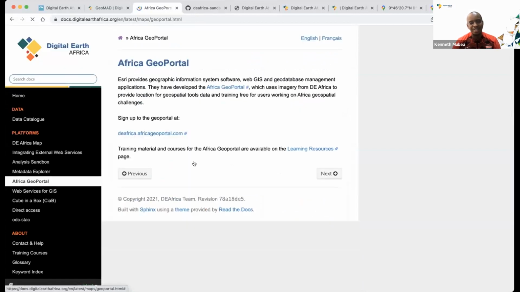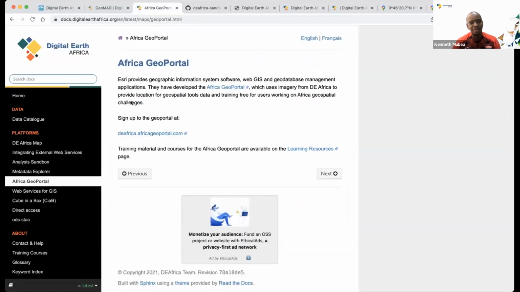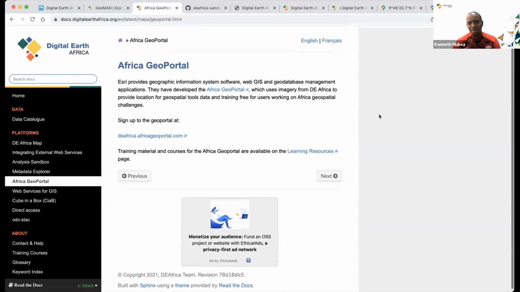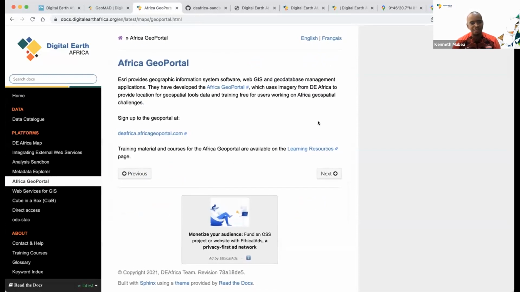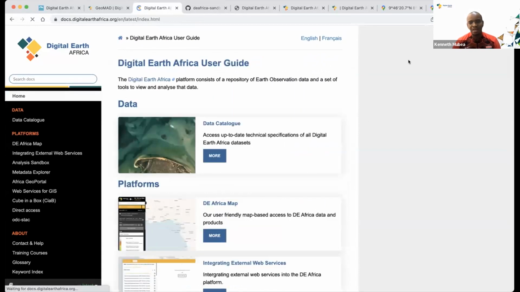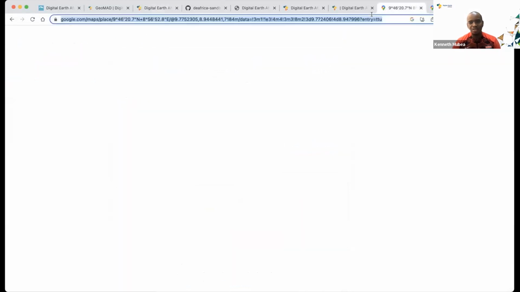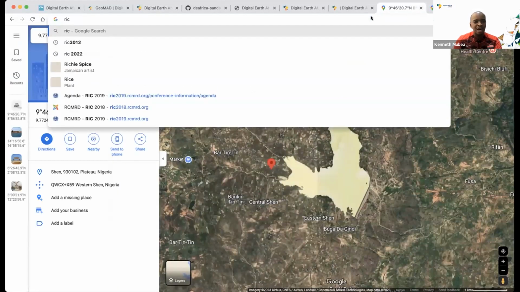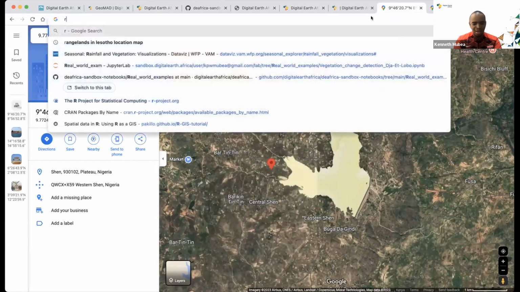And finally, the message from one of our partners is that we are working together with Esri to make sure you're able to access the Africa Geoportal, which Maud has also talked about in some of the presentations. We are working with all partners, and also recently introducing the RCMRD conference, which will be in Nairobi.